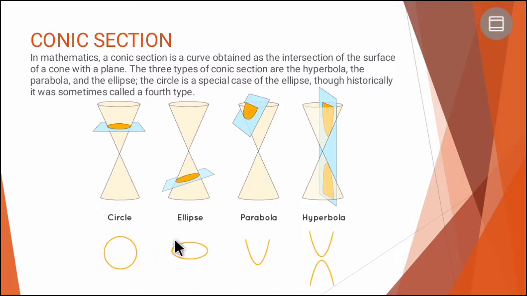Next, ellipse. How do we cut this cone using a plane to form an ellipse? You are going to move it slightly diagonal, itatagilid nyo lang ng kaunti. So, now, you form an ellipse. Kung mula sa taas, ito yung top view niya.